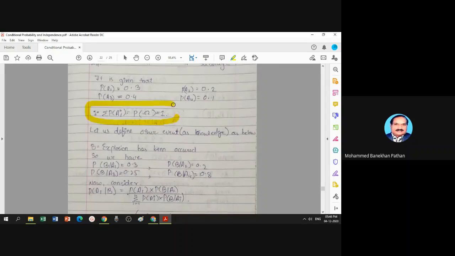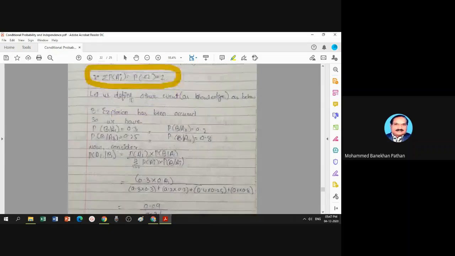To apply Bayes theorem, the sum of probability of partition should be equal to probability of omega, which is 1, because the total partition is nothing but the entire sample space. And axiom number 2 says probability of complete sample space is 1.